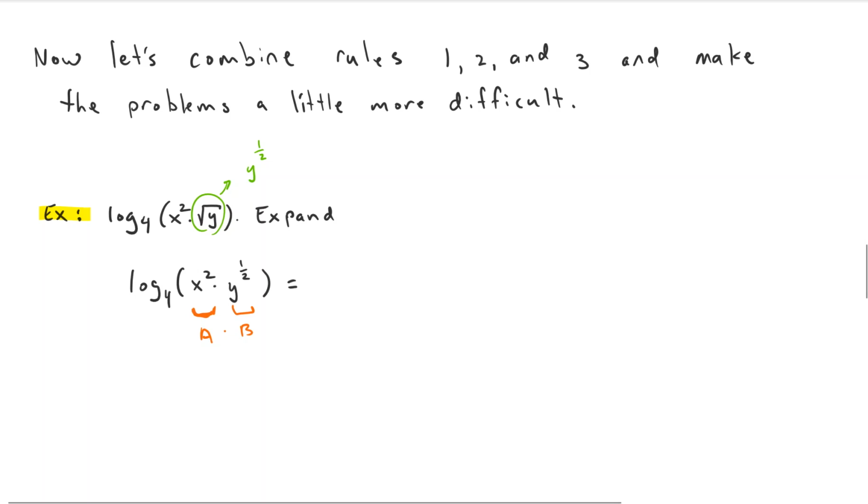So let's use our rule to expand. Log base 4 of x squared, the first term, plus log base 4 of y to the 1/2 power. So we used the product rule.